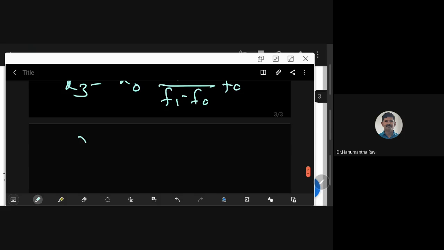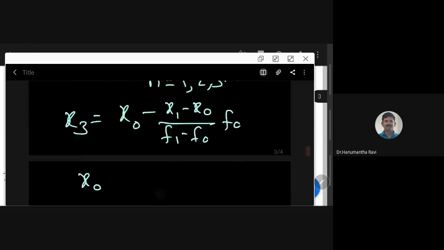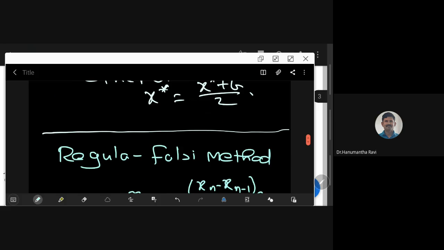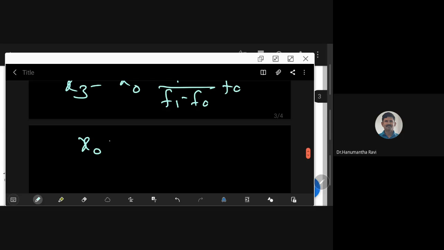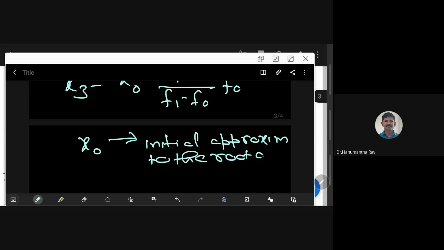x0 is called the initial approximation to the root. Always remember one thing: the given equation is f of x is equal to 0. Now see what is x0? x0 is the initial approximation to the root of the given equation.